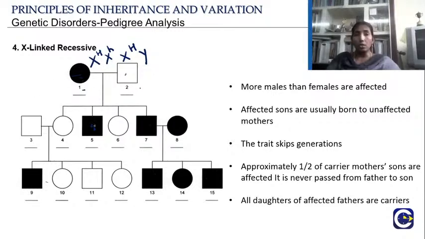What are the chances here? She will give one of her X's, and the other X will be taken from the father. If the son takes the Y from the father, this X from the mother and this Y from the father, that is why he is hemophilic.